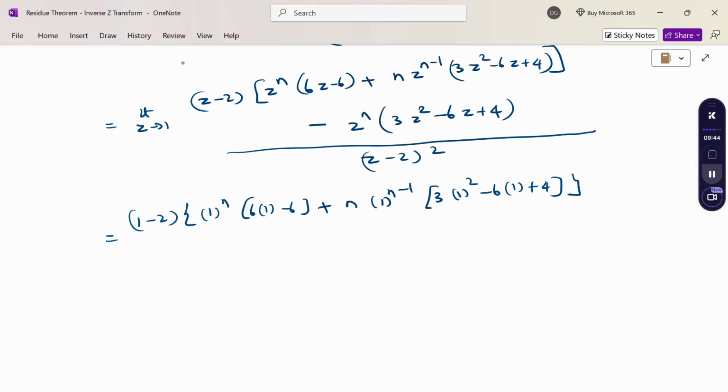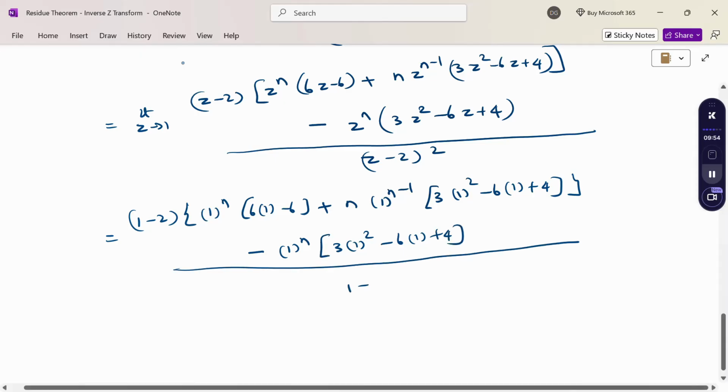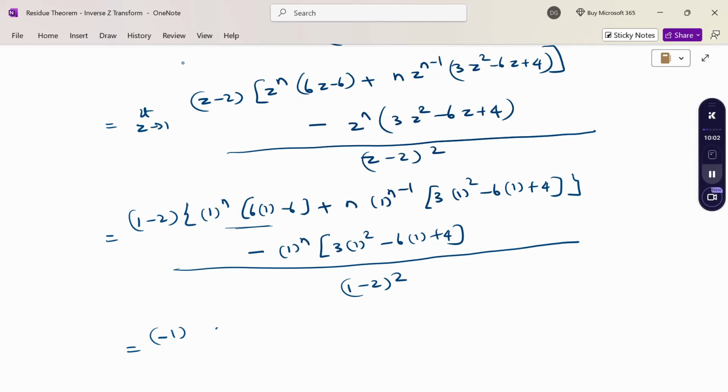This is one term, minus 1 power n into 3 into 1 square minus 6 into 1 plus 4, whole divided by 1 minus 2 square. So therefore 1 minus 2 is minus 1. Then this whole term is 0, 0 plus n into 1 power n minus 1. This term 3 minus 6 plus 4 is 1.